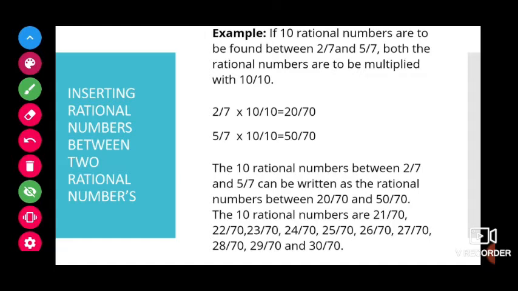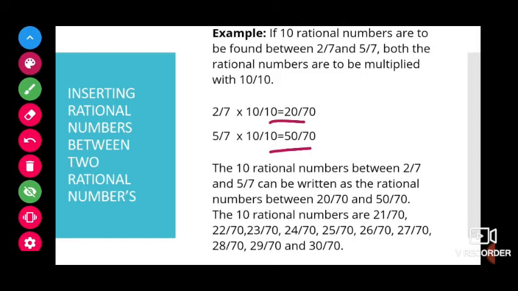Here how do we have to insert? For example, if I want to insert between 2 by 7 and 5 by 7, multiply both the fractions with 10 by 10. Here you have to observe that both are like fractions, children, like rational numbers, both having the same denominator. So if I multiply with 10 by 10, we will get 20 by 70 and 50 by 70. Then we can insert many rational numbers from 20 to 50.